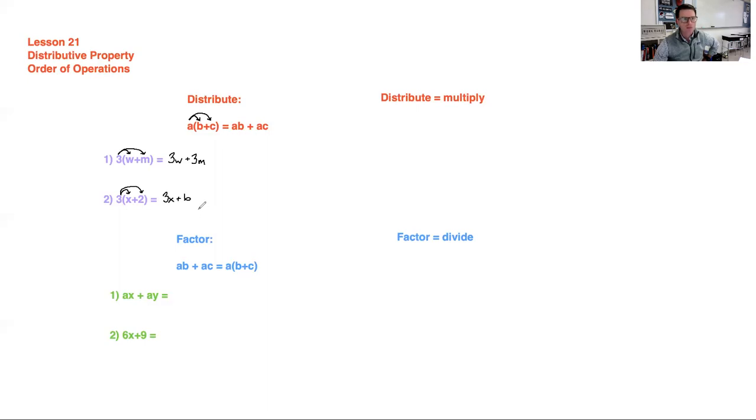I always think about factor problems as starting off as the answer to a distribute problem, right? This looks very similar to this. The answers to my distribute problems are the questions in a factor problem. Jeopardy is famous because it's a game show where the host, Alex Trebek, reads clues that are actually the answers to questions.